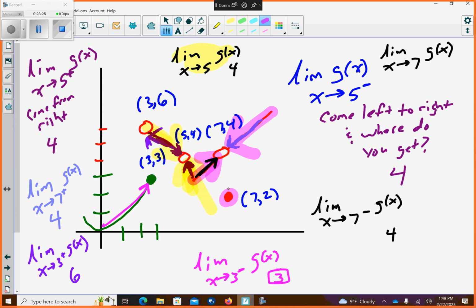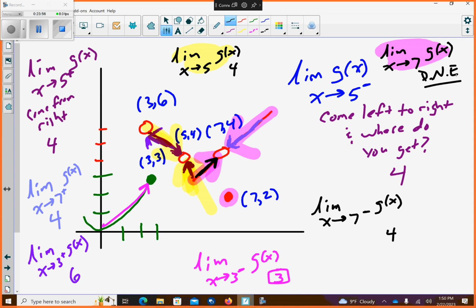So on my graph, I'm here, and when I get exactly to that point, if I look down below, because I came from both sides, it goes from the point 7,4, which is a hole, to the point 7,2. So this one does not exist, DNE, because we have that other point. 7,4 is indeed a hole.